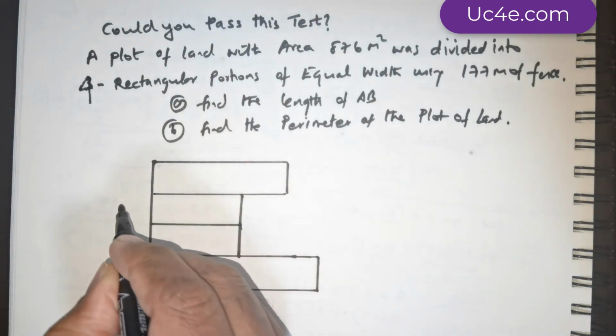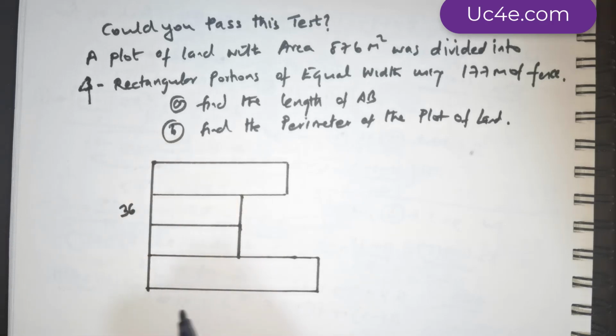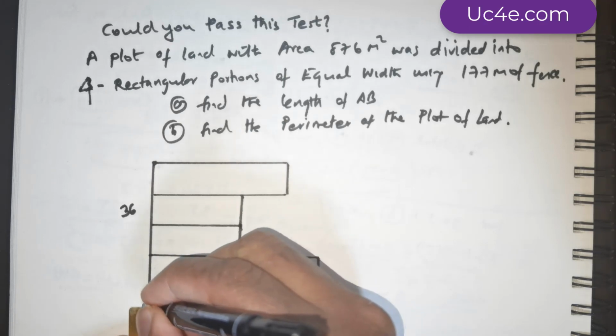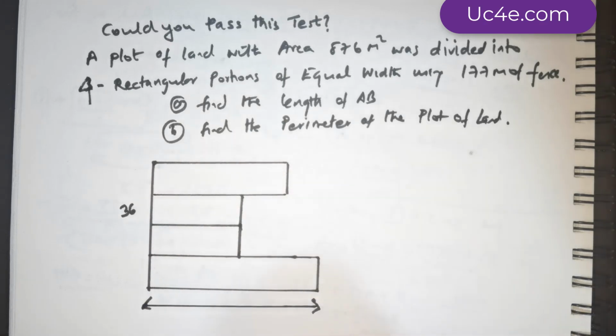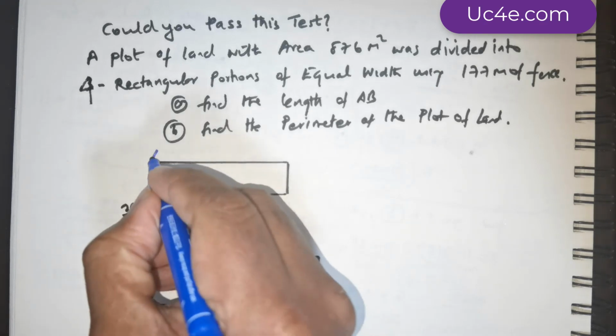And this width is given as 36, and this is given to be 27 meters. Now we are asked to find AB.